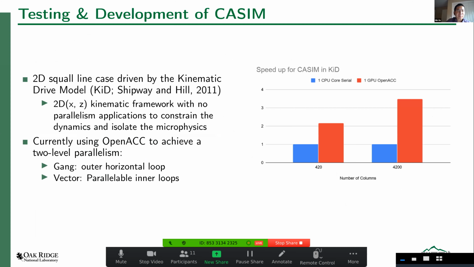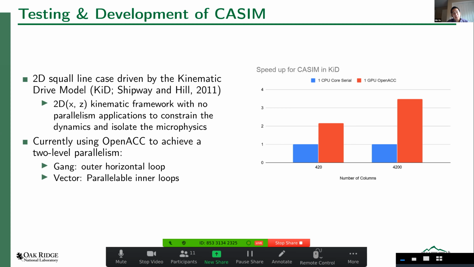So let's look at the CASIM results. For CASIM, we are using the 2D squall line case driven by the kinematic driver model, KiD model. Currently we use OpenACC to achieve two-level parallelism: gang is for the outer horizontal loop and vector for the inner loops.